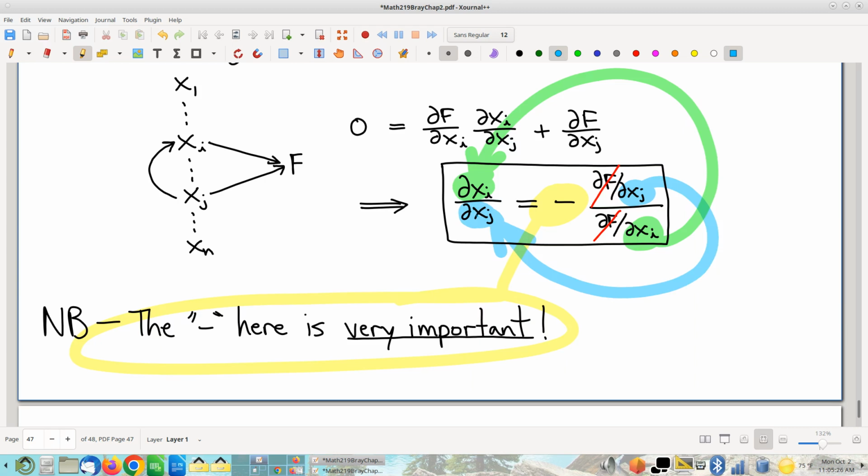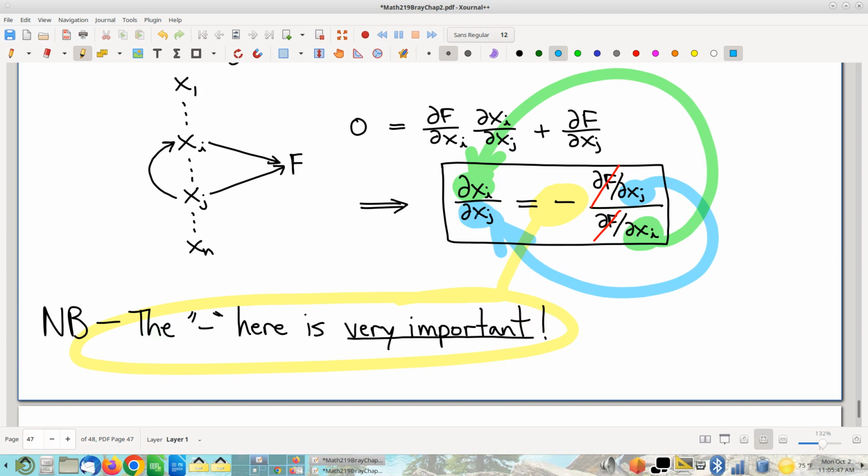And looky there, doesn't it look like this fraction ought to simplify to the partial that I'm interested in? No minus sign involved. Very tempting. And fundamentally garbage. It's just meaningless nonsense. It doesn't make any sense at all, right?